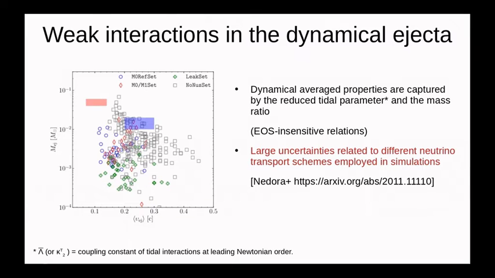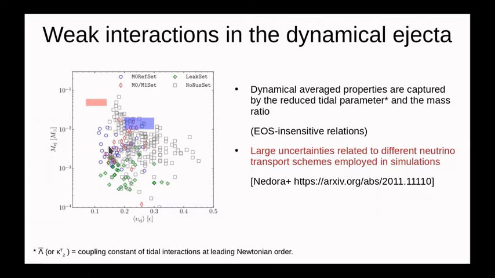These plots collect, again, the dynamical ejecta mass and the dynamical ejecta velocity for almost all the simulations that are available in the literature. The different colors highlight the different neutrino schemes used in those simulations. When they are gray, it means these are polytropic models and there's no microphysics. As you see here, already restricting to the dynamical ejecta, the predictions can be very different based on the neutrino scheme.